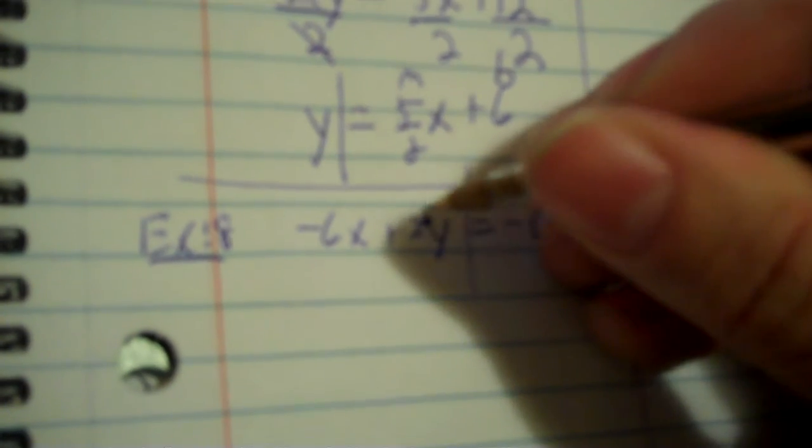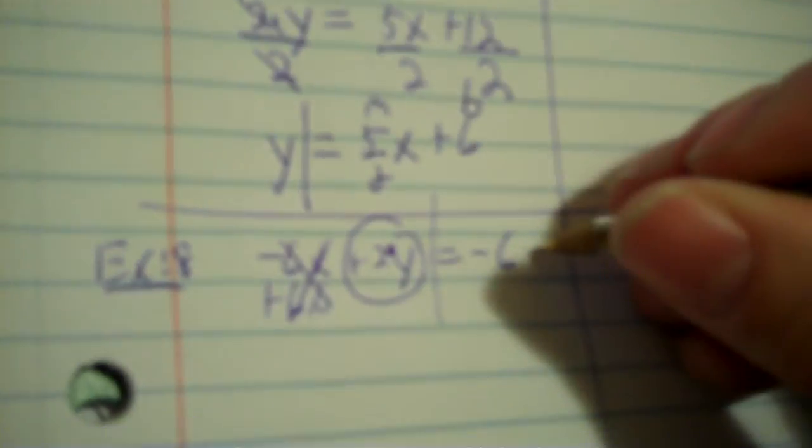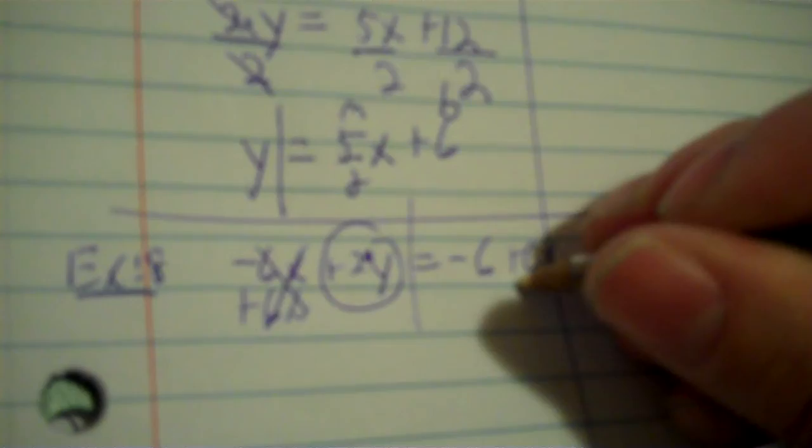Okay, example 8. Negative 6x plus 2y equals negative 6. Okay, well, the y has to be by itself, so I make the dot and circle. That's a positive 2, so don't switch the signs. So plus 6x, make it 0x, so you actually have somewhere to add 6x.